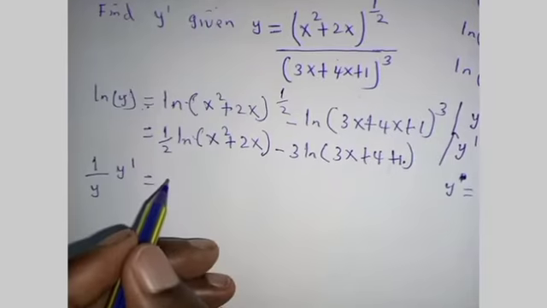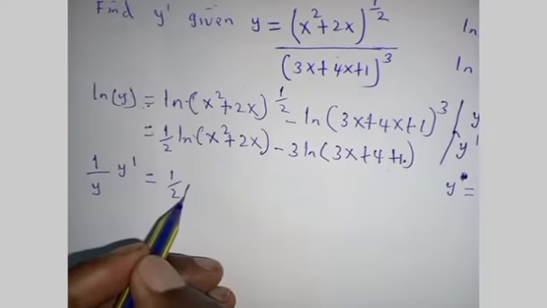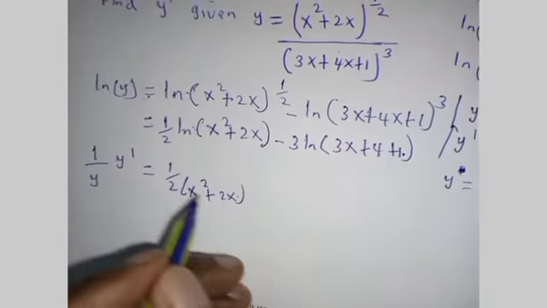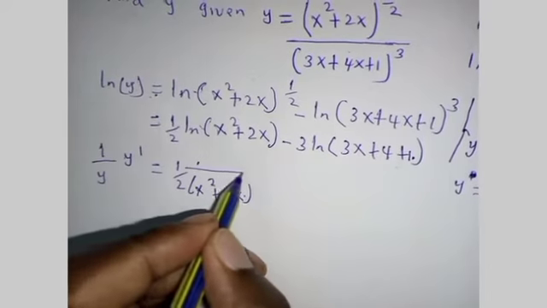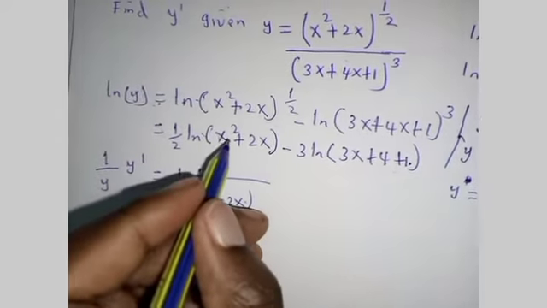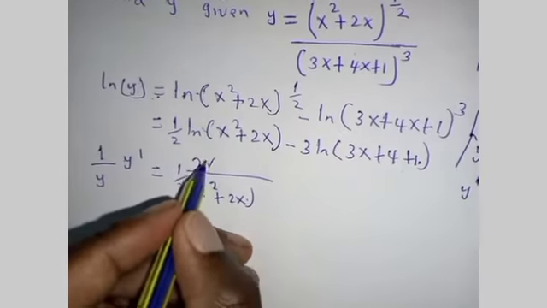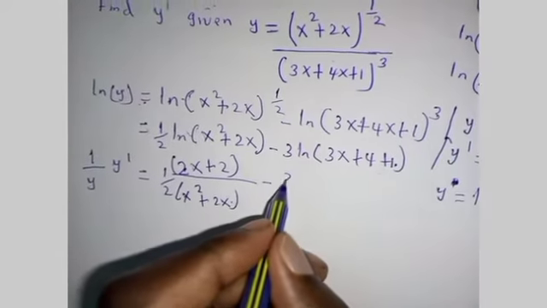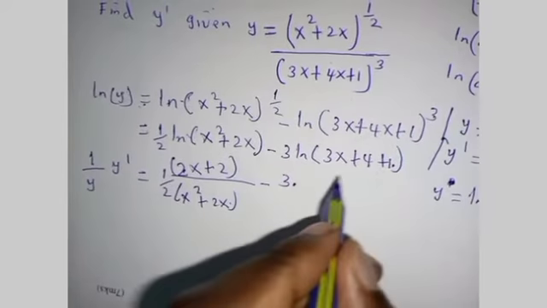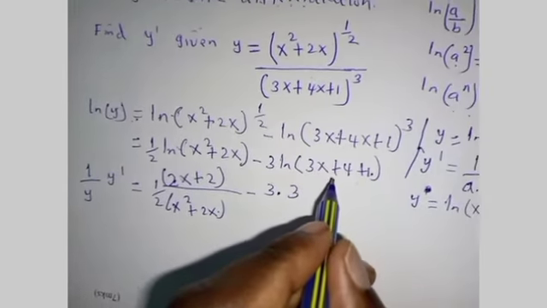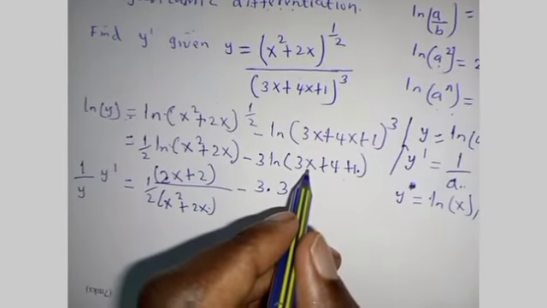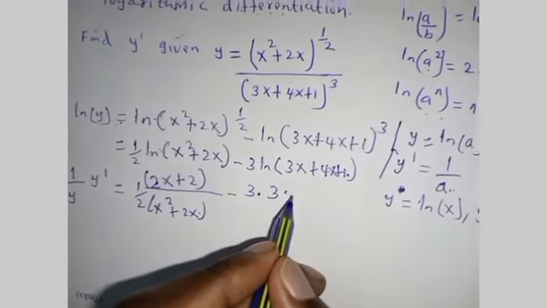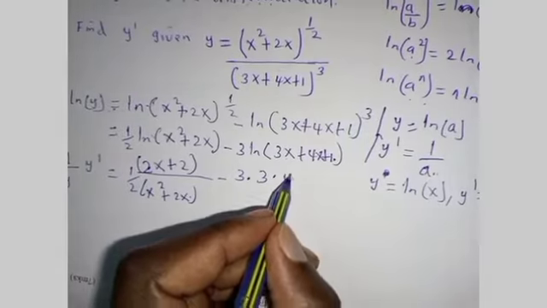So y prime is equal to a half, bracket x squared plus 2x, times, we multiply by this differentiated, so you have 2x plus 2, minus 3 multiplied by 3, there is x here, multiplied by 4.